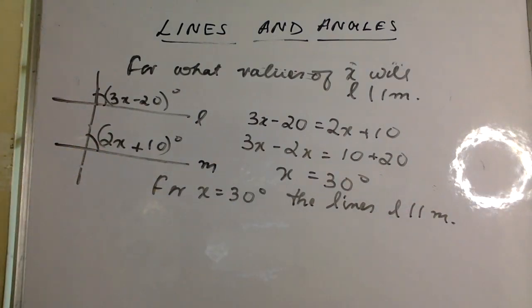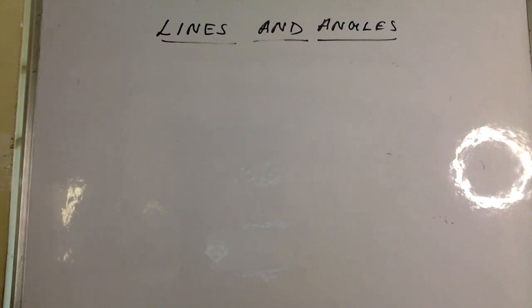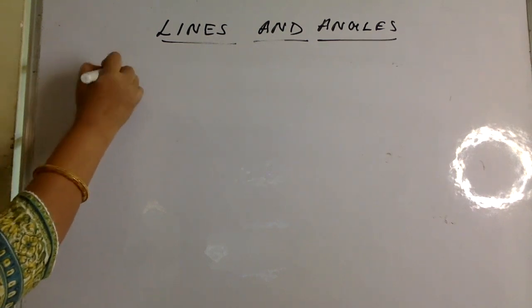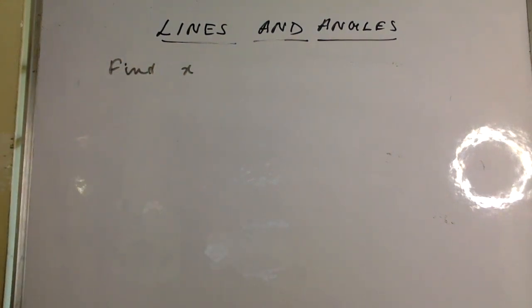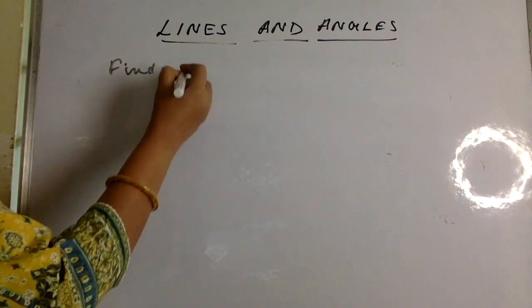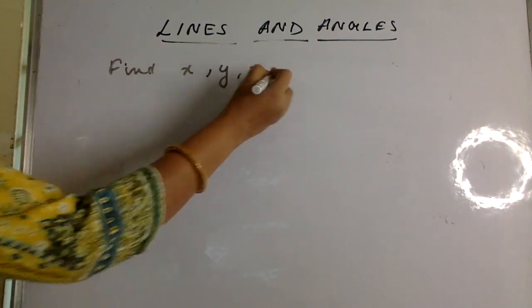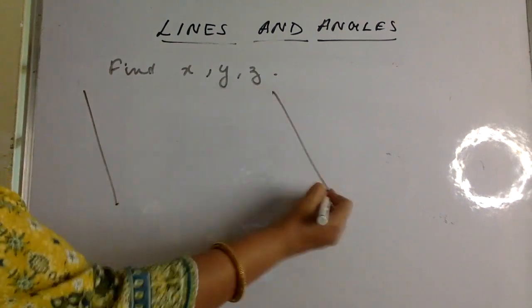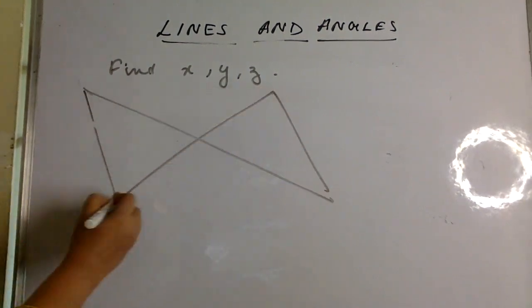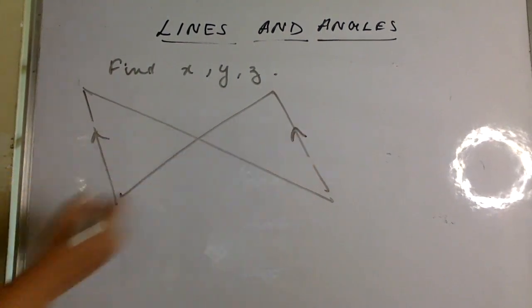Okay, then let's take up the next question. Find x, y and z. Now the figure goes somewhat like this. These two lines have been told to be parallel.